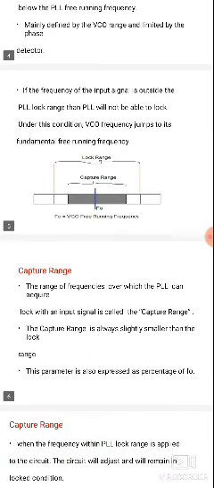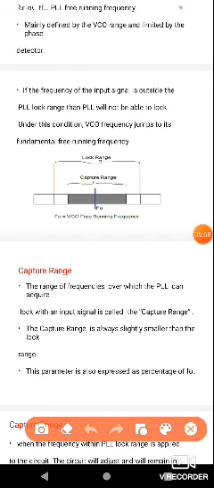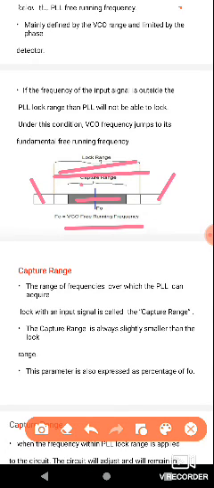So this is the diagram. In this diagram, first F0 is the VCO free running frequency. So it shows the capture range and lock range, and this is beyond the lock range. Next one is the capture range. VCO F0 is the voltage controlled oscillator free running frequency.